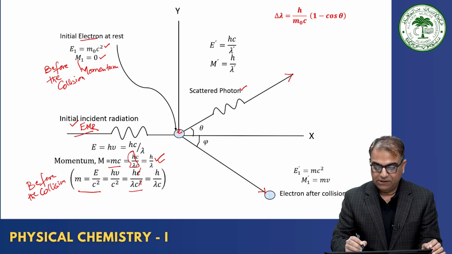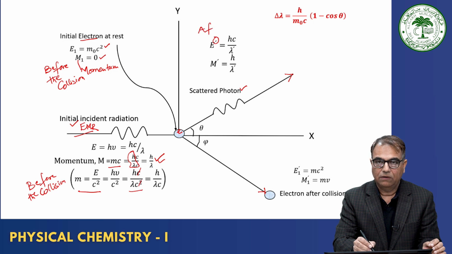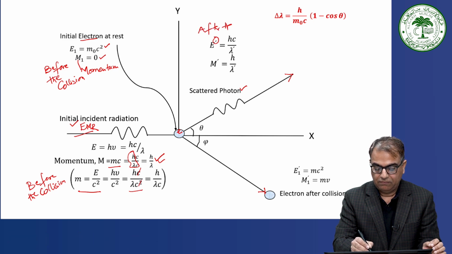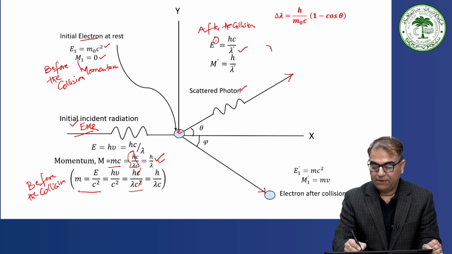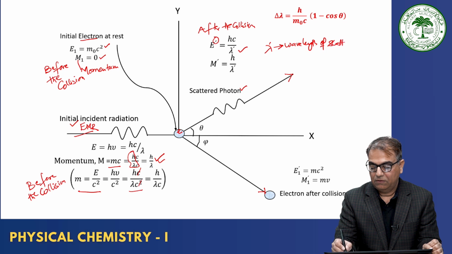After the collision, what happens? The electron gains energy. I have shown it by a prime. Prime tells you that it is after the collision. For the electromagnetic radiation, we can use the same formula, hc divided by lambda prime, where lambda prime is the wavelength of the scattered radiation.